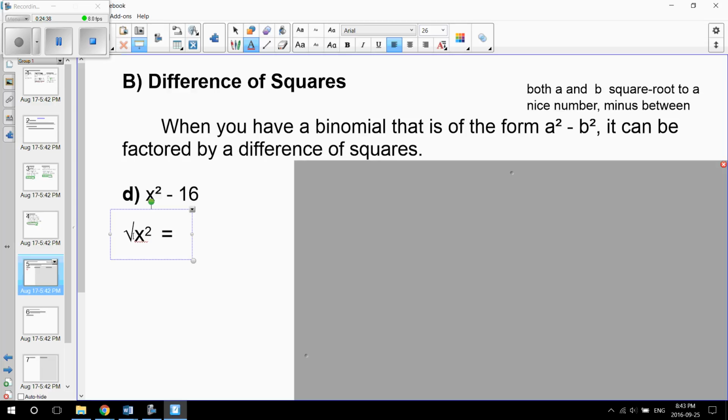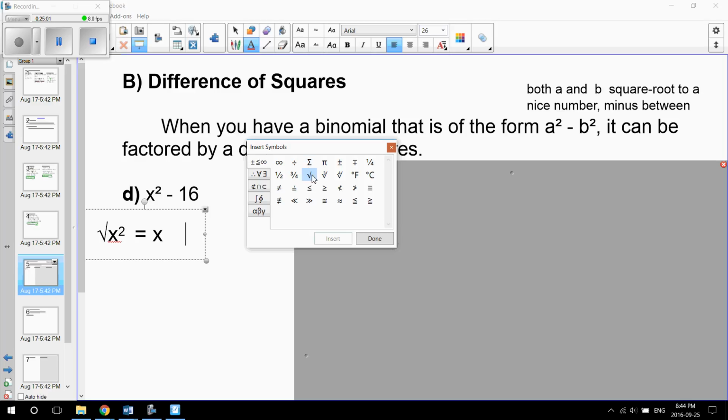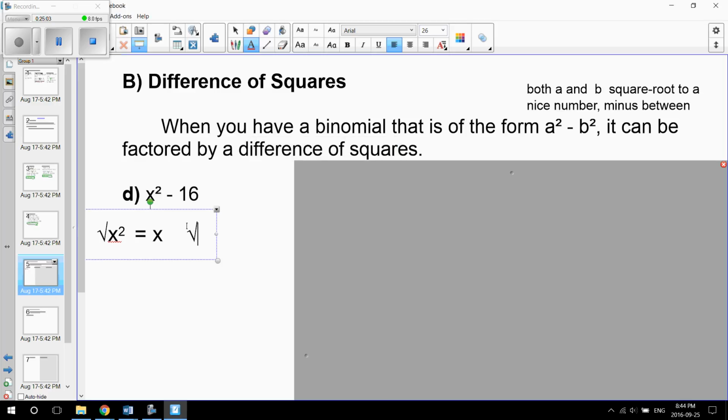Hopefully you remember that the square root and square are opposite, so they actually cancel each other out. So when we square root an x squared, we're just left with an x. Again, we're going to look at the square root of the second piece as well, which is the 16.